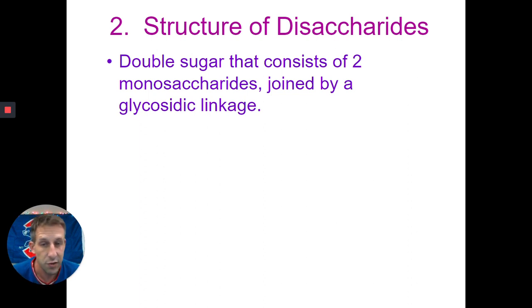So disaccharides are double sugars that consist of 2 monosaccharides joined together by something called a glycosidic linkage. Now, in the previous video, I had mentioned something called a covalent linkage, which is basically just a fancy term for a covalent bond. This here is a fancy term for a sugar bond. So if I had a writing utensil, I would write sugar bond. It's a bond between sugars.